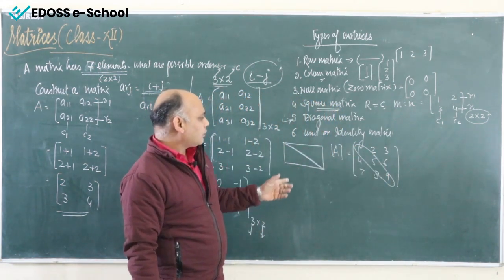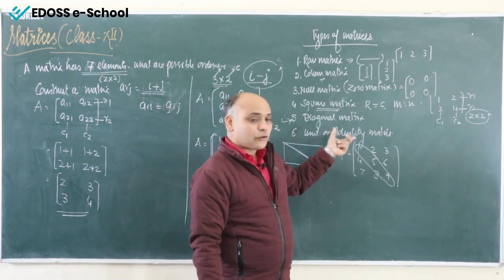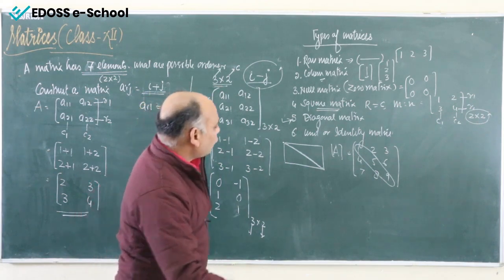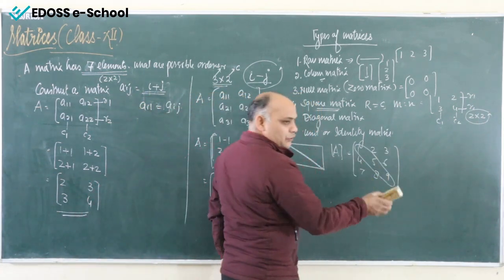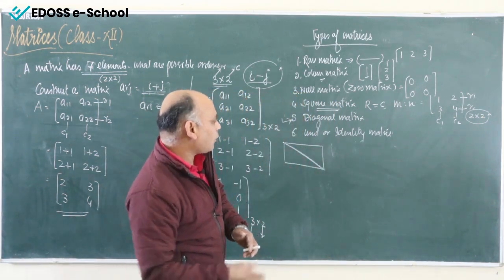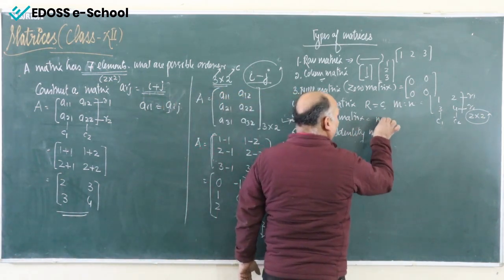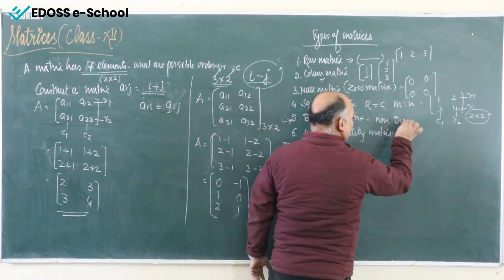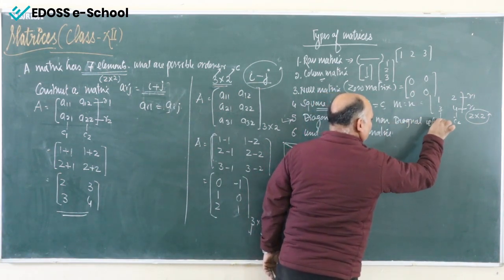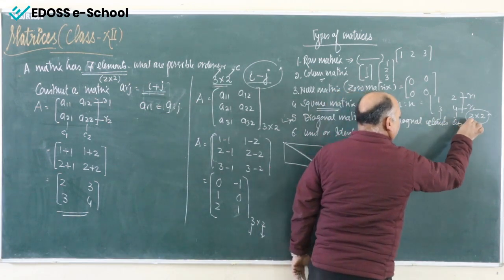But I am telling you here about the diagonal matrix. The diagonal matrix means non-diagonal elements are 0. In the case of a diagonal matrix, all non-diagonal elements are 0.